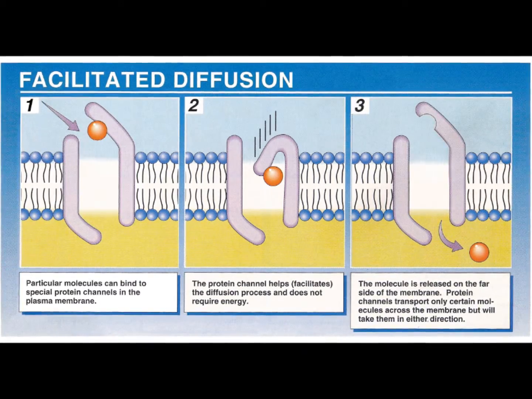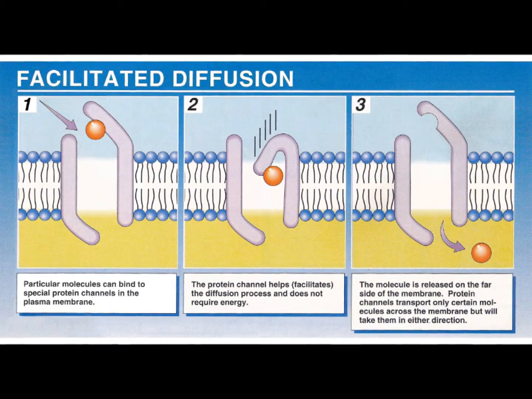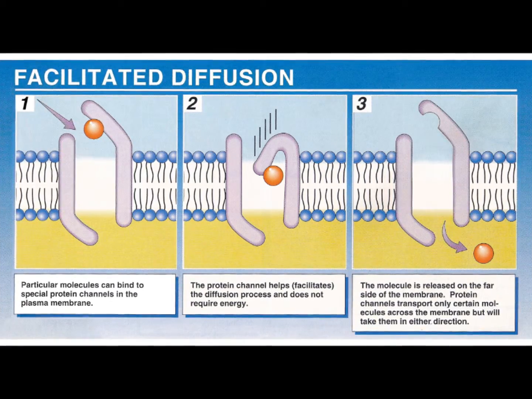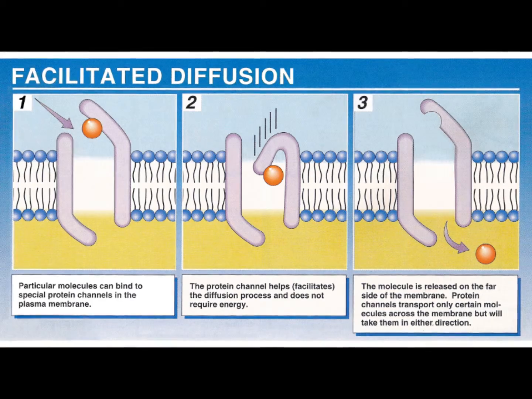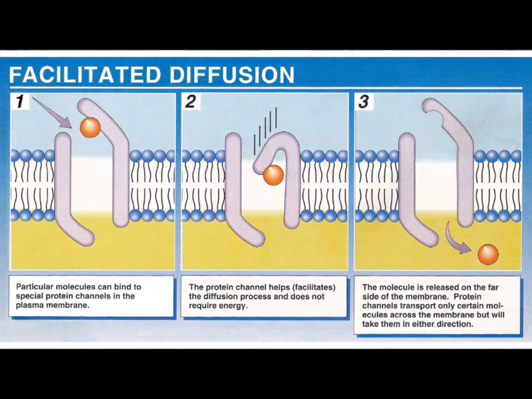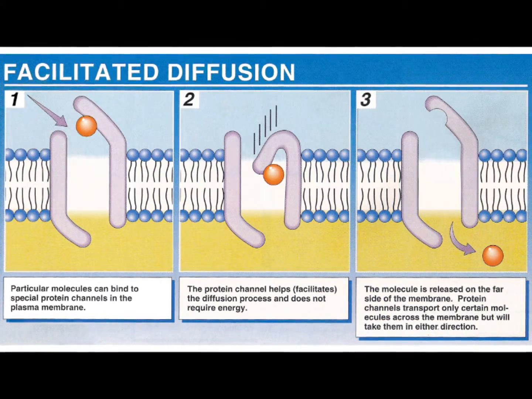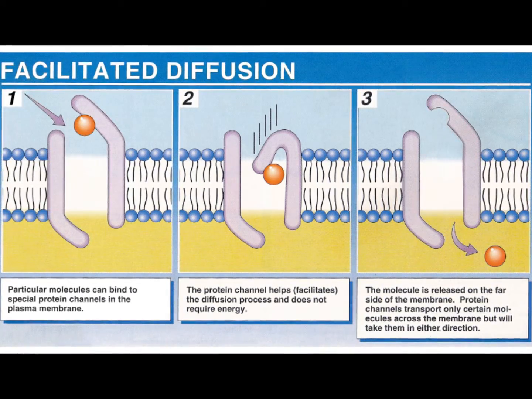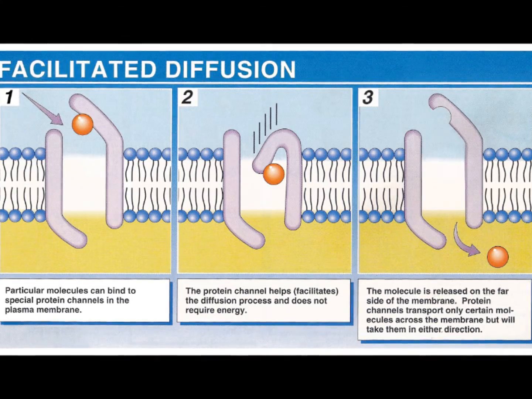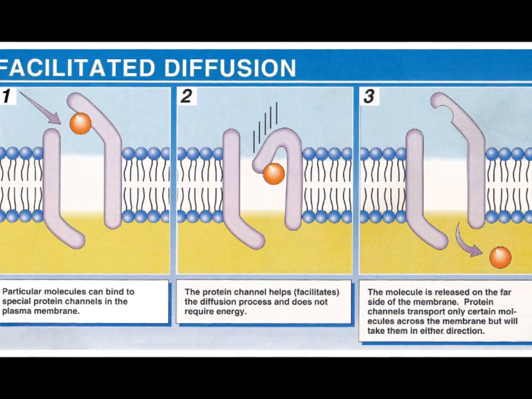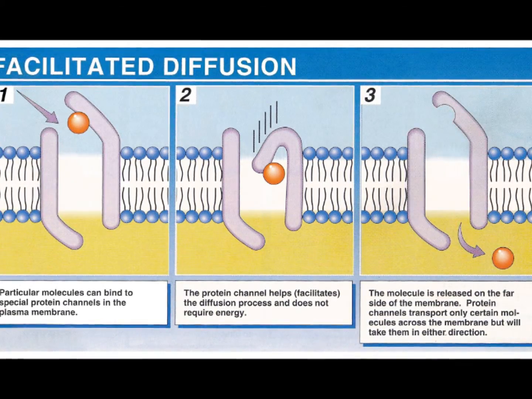Facilitated diffusion is the process of passive transport of molecules or ions across a biological membrane by specific proteins. Being that facilitated diffusion is passive, transport does not require chemical energy from ATP. Rather, molecules and ions move down their concentration gradient, reflecting its diffusive nature.